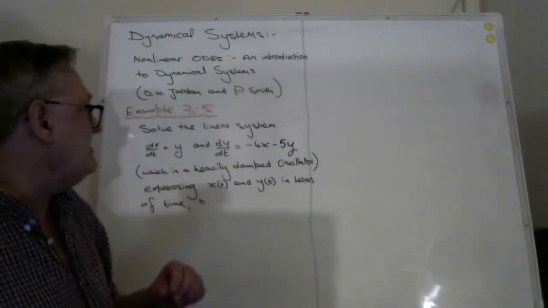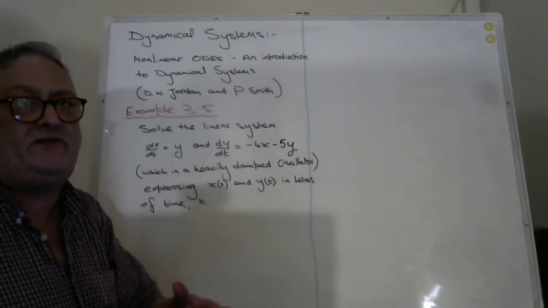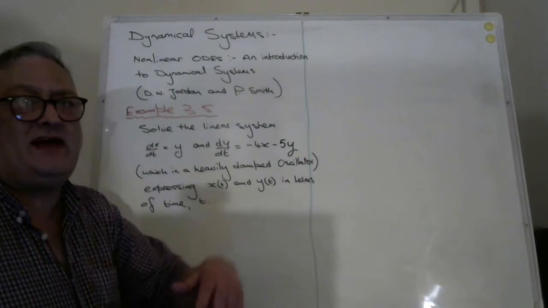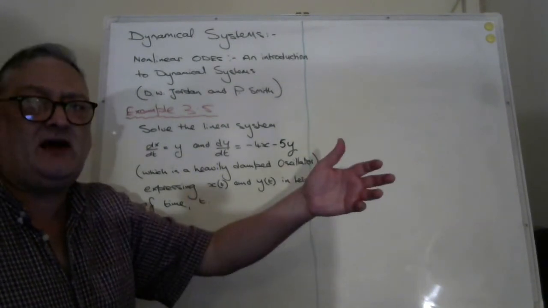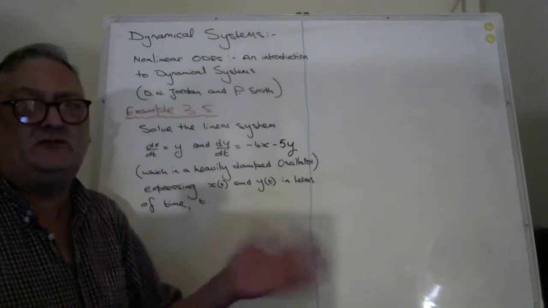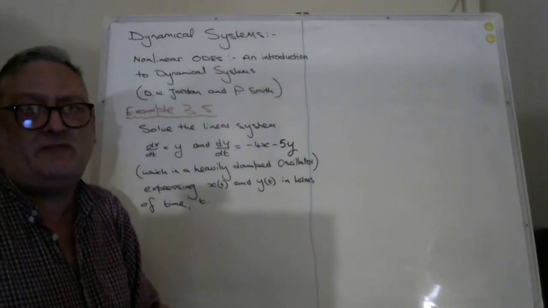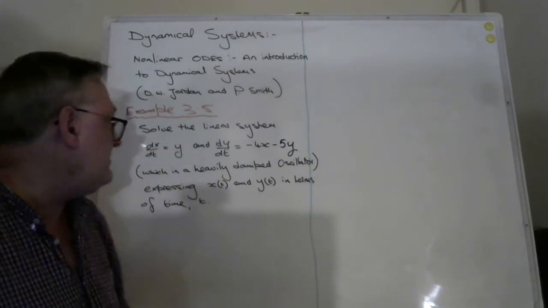Now, as I said, this follows on from some of the non-linear stuff that I've done way back when, which then led on to some of the linear but more complex ordinary differential equations just over the last couple of weeks that I've uploaded.